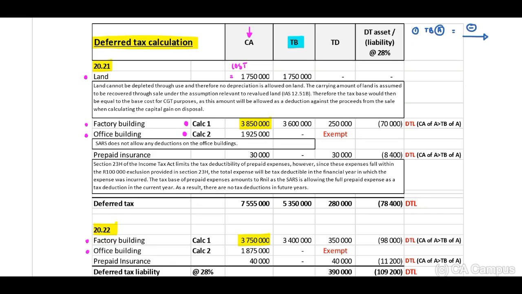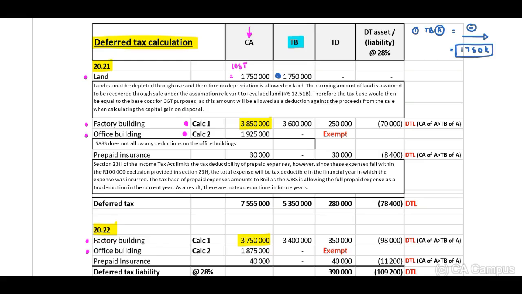Therefore, if you think about the tax base of our land, when will the carrying amount be recovered? When they sell that asset. Therefore, when they sell that asset, the total cost price carrying amount will be recovered. Therefore, we have a tax base of 175,000. The day when they sell that land, that value will be recovered.